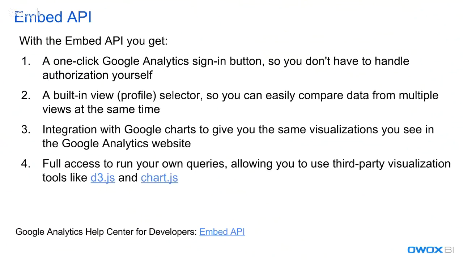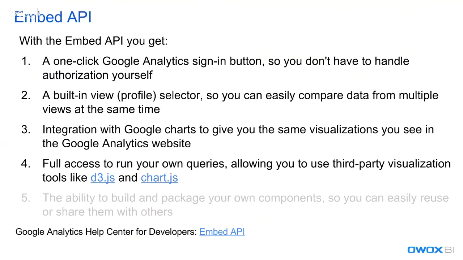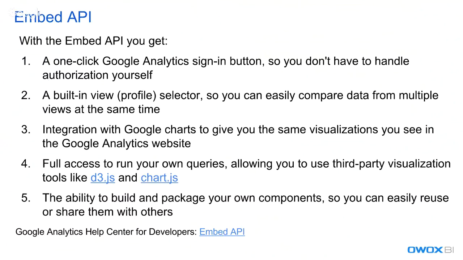Also, you have full access to run your own queries, allowing you to use third-party visualization tools like D3.js or Chart.js or some other tools you want to work with. Embed API gives you the ability to build and package your own components, so you can easily reuse or share them with your colleagues.